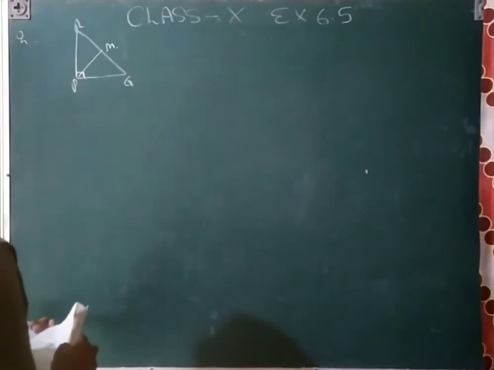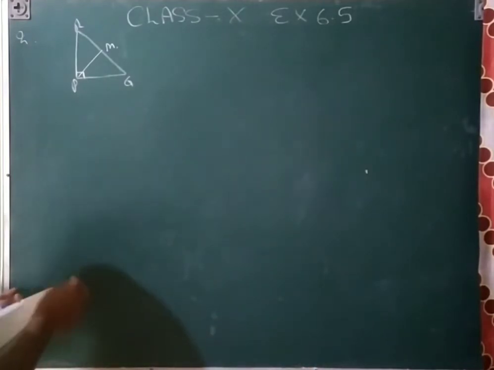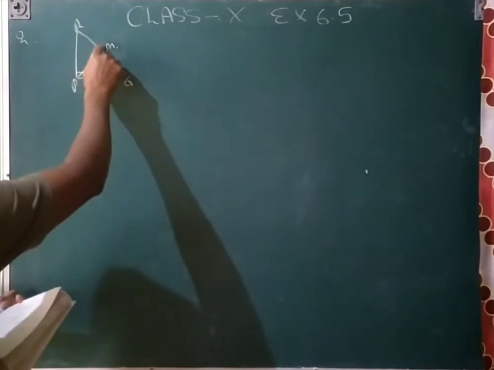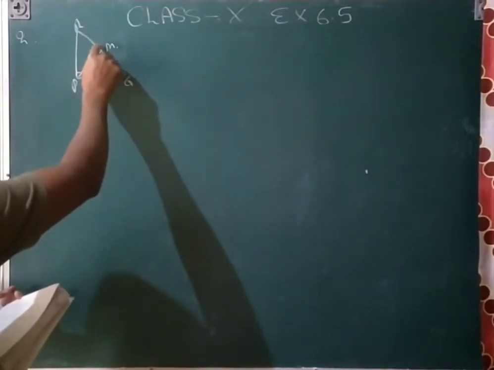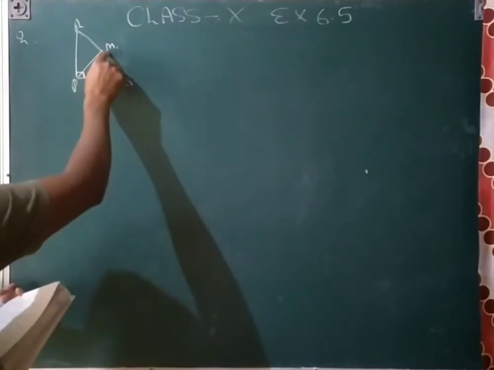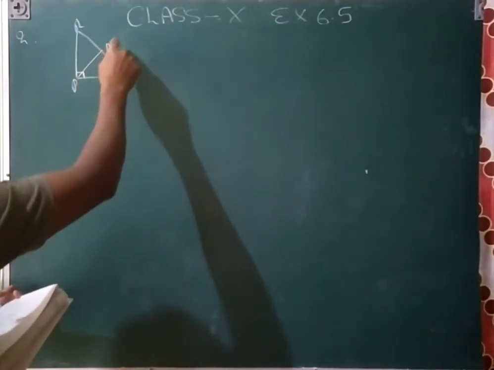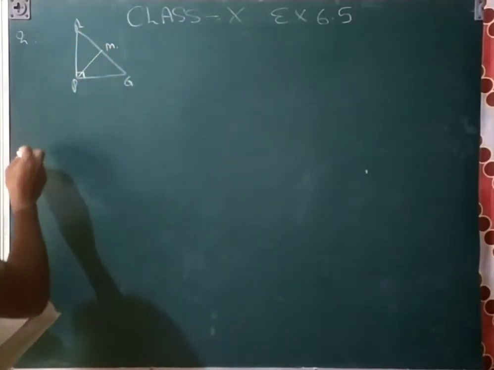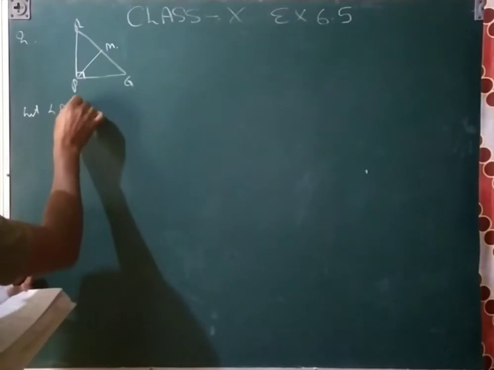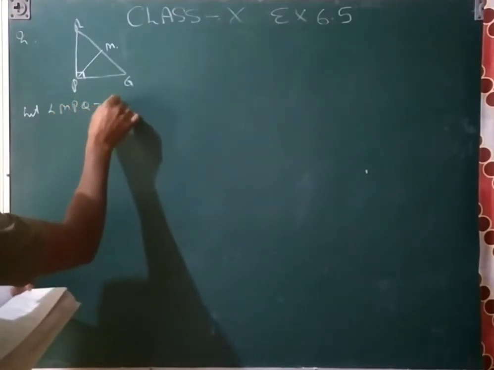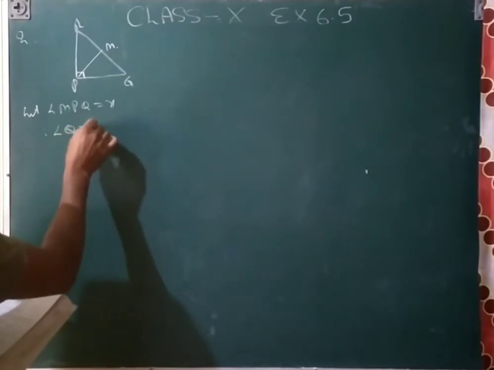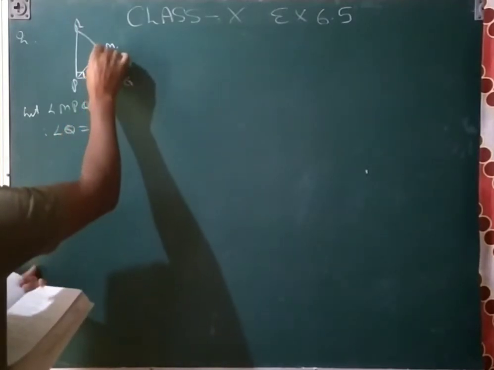So we will find that PM square is equal to QM multiplied by MR. Let angle MPQ be equal to X. So angle Q will be 90 minus X, because this is the 90 degree.